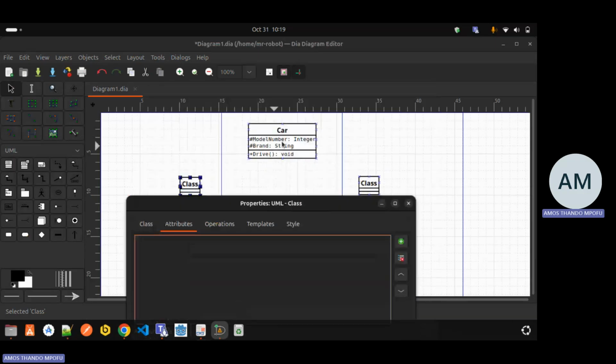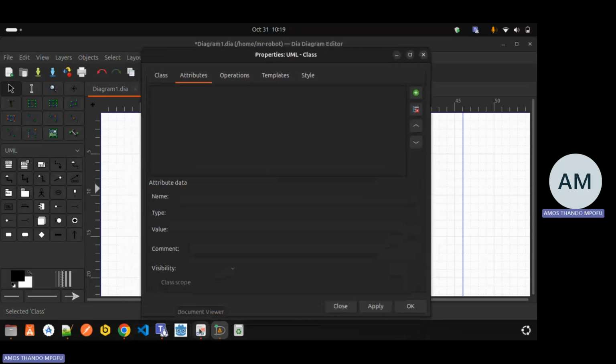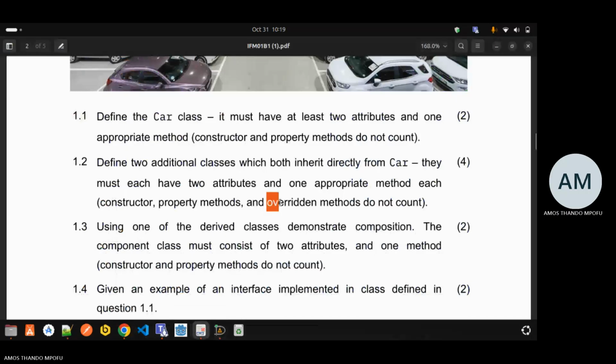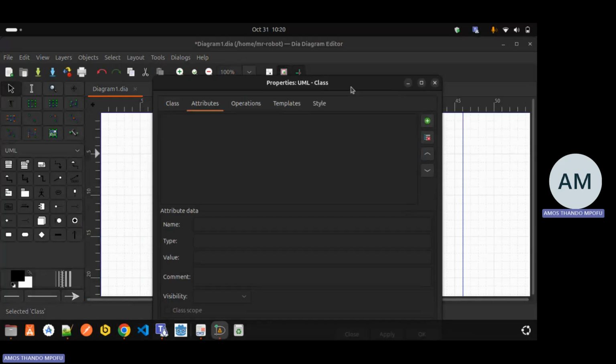Even the variables that are there, consider them non-existent. They did specify that even the attributes inside your base class do not apply to your child classes.